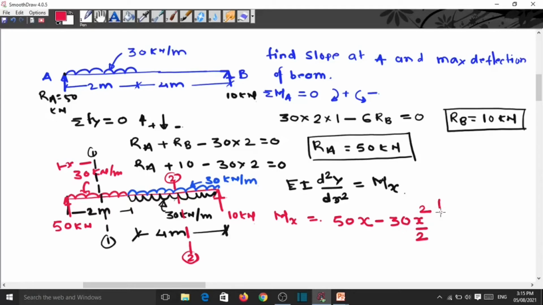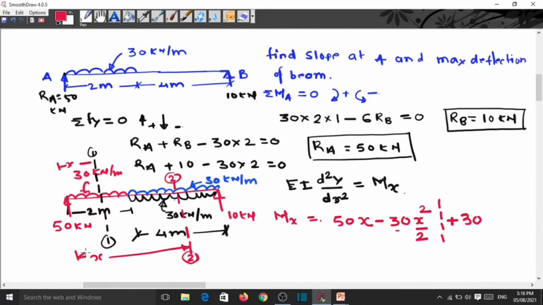So again draw one vertical line, then go for the second section. Here this continuous UDL is already counted in the previous section, so only this load remains. This load creates the sagging bending moment, that is why it is plus, and this UDL is 30. We require this length. For the second section, this is our x.